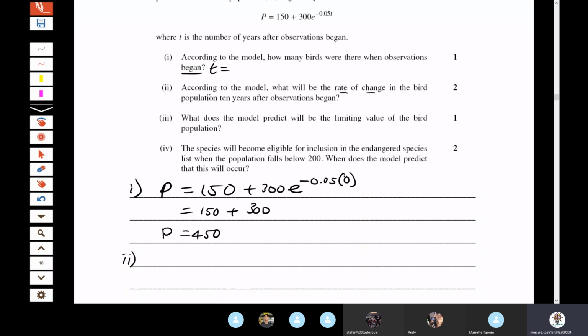Azra, any ideas? According to the model, what will be the rate of change in the bird population 10 years after observations began? Would you differentiate? Okay, and then when I do differentiate, because that is a rate of change, and then what?